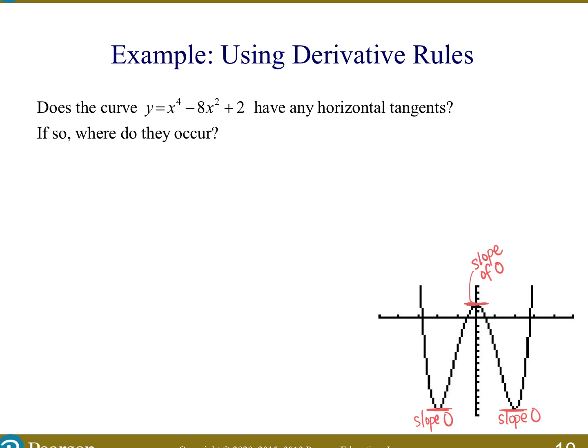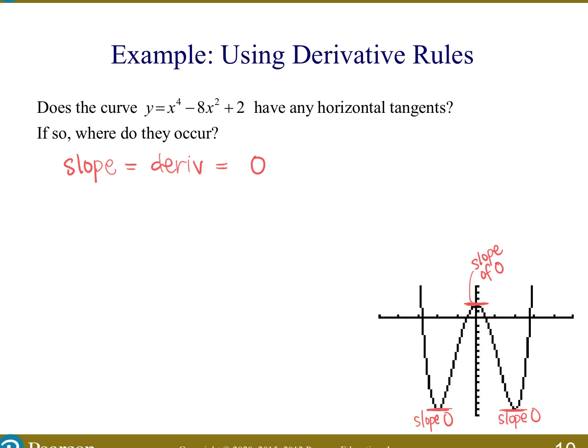I'm saying that the slope is 0, and synonymous to slope would mean the derivative is 0. So we know that the slope, which is equal to the derivative, must be equal to 0. And so I'm going to find my derivative and set it equal to the value 0. I'm not going to plug 0 in. I'm going to set it equal to the value of 0 to find this horizontal tangent.